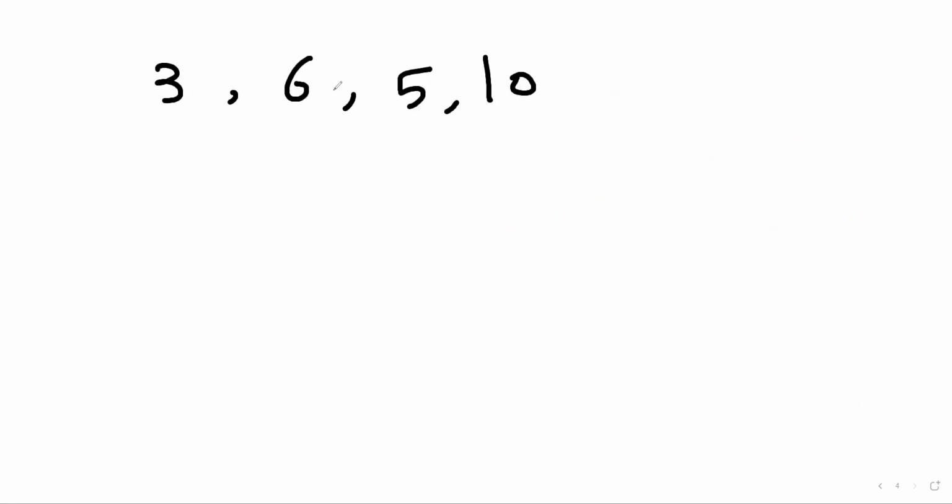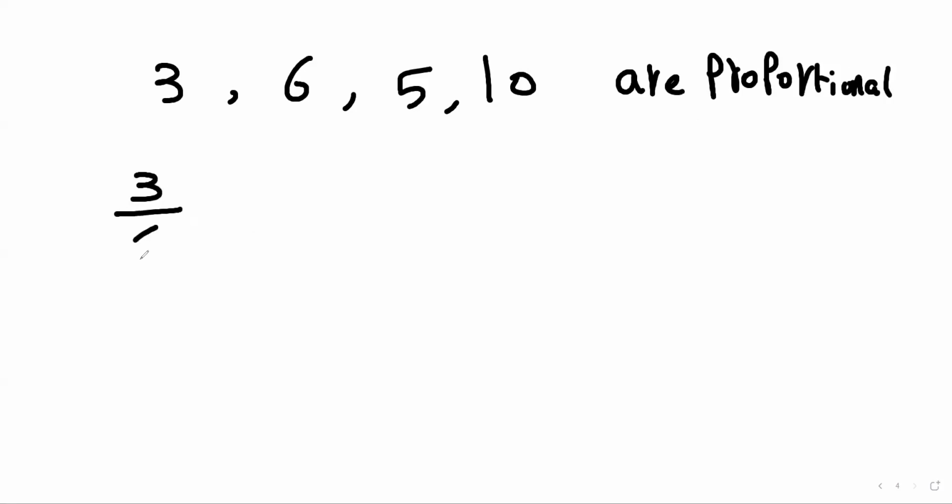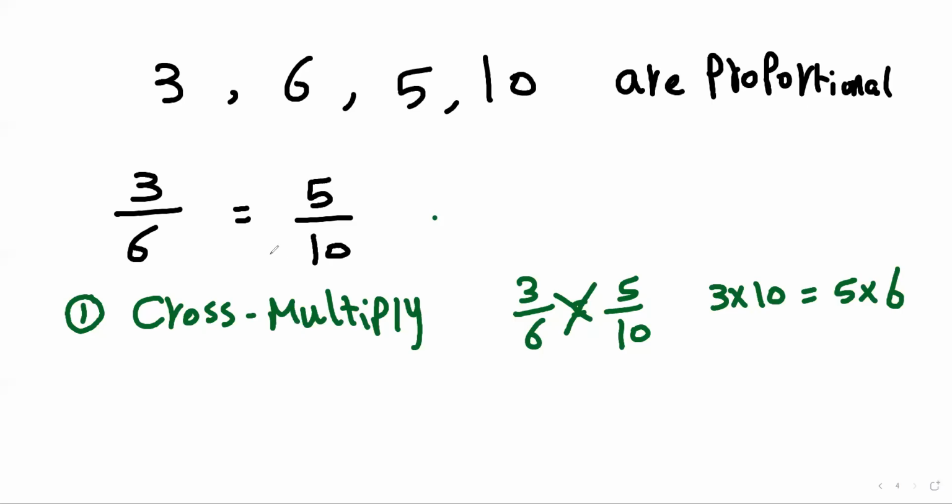If I said to you that 3, 6, 5, and 10 are proportional, that means 3 over 6, first over second, equals third over fourth. 3 over 6 equals 5 over 10.